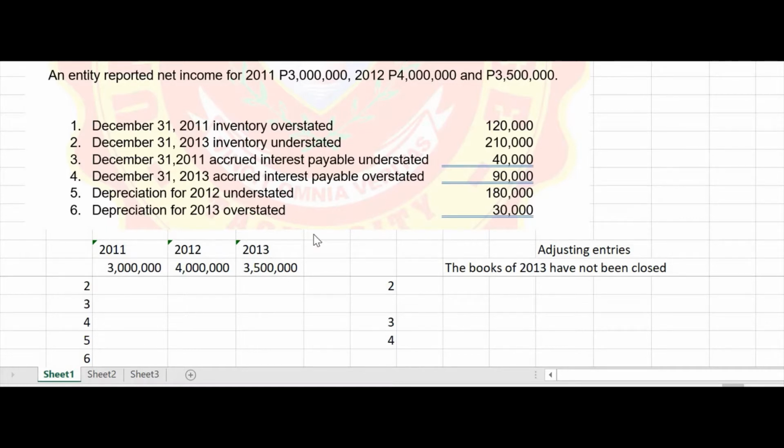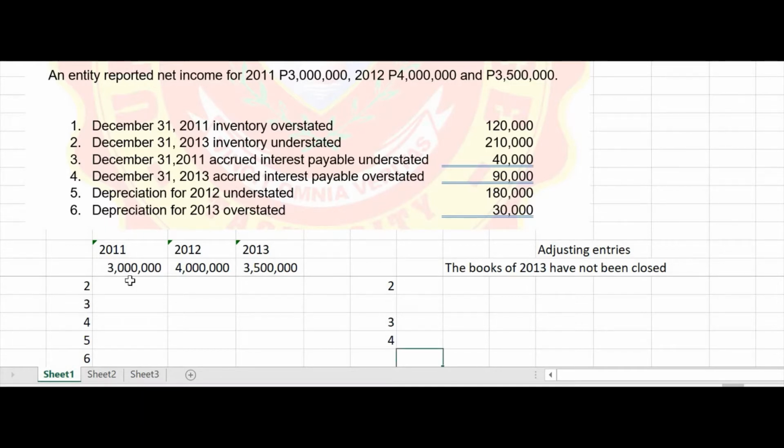Also, we have here 6 errors, and we are to determine its effects in the net income, diba? For years 2011, 2012, and 2013, and what are the correcting entries or adjusting entries, assuming the books of 2013 have not been closed.